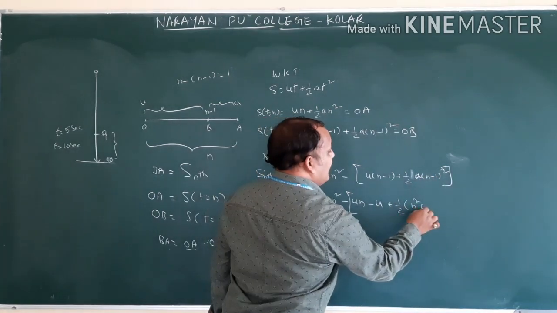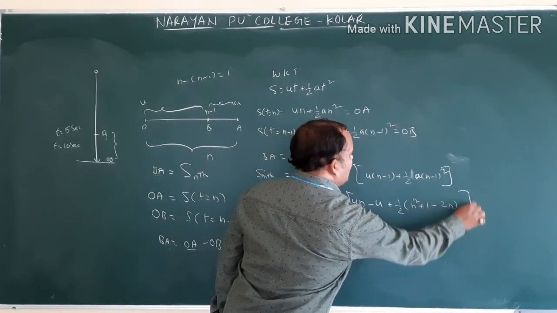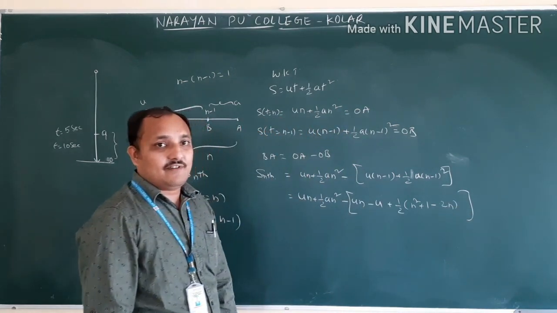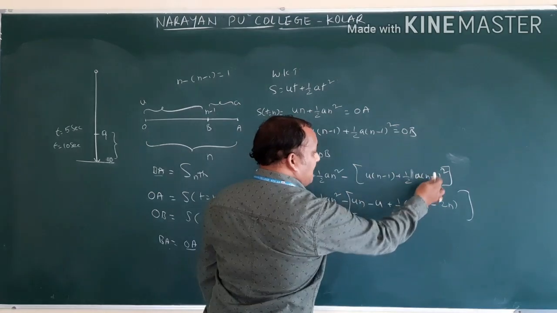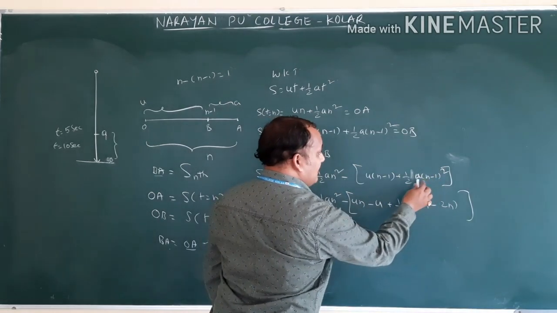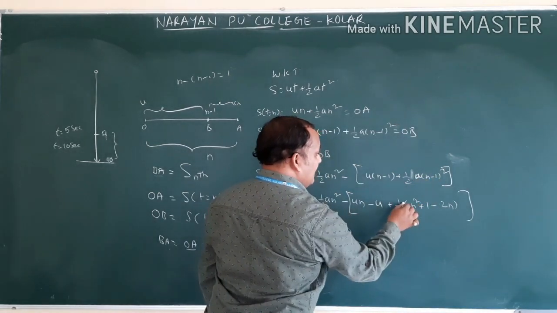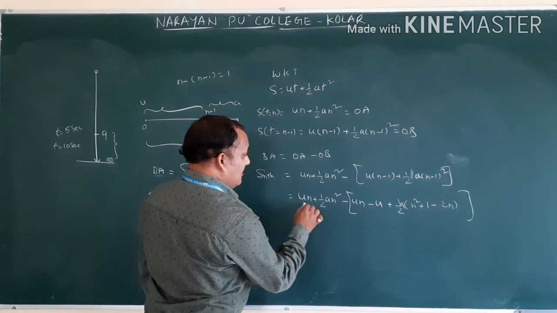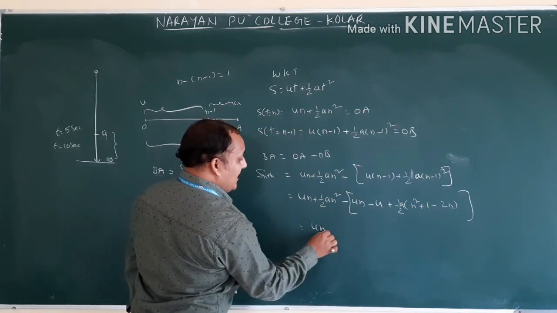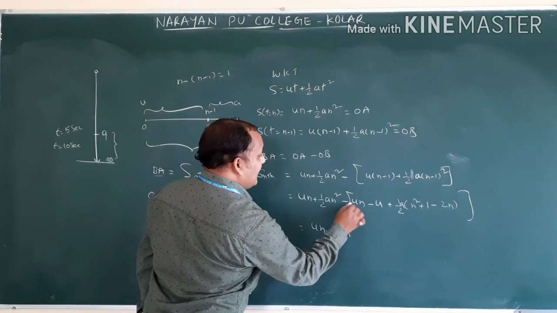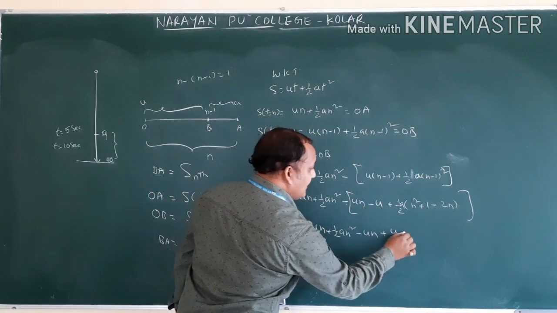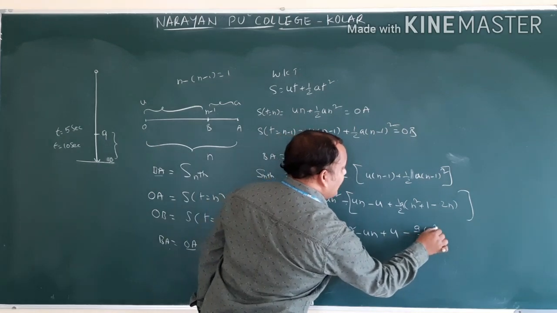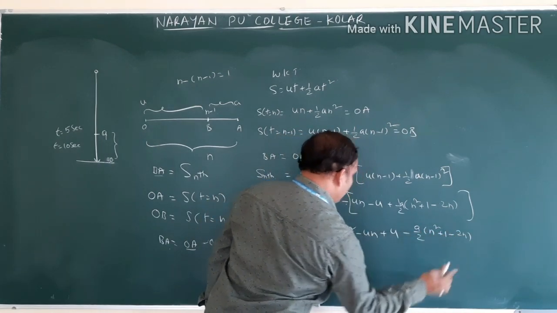The formula is a minus b whole square equals a square plus b square minus 2ab, so n square plus 1 minus 2n. And the other a here is nothing but acceleration. So expand: un plus half an square minus un plus u minus a by 2 into n square plus 1 minus 2n.